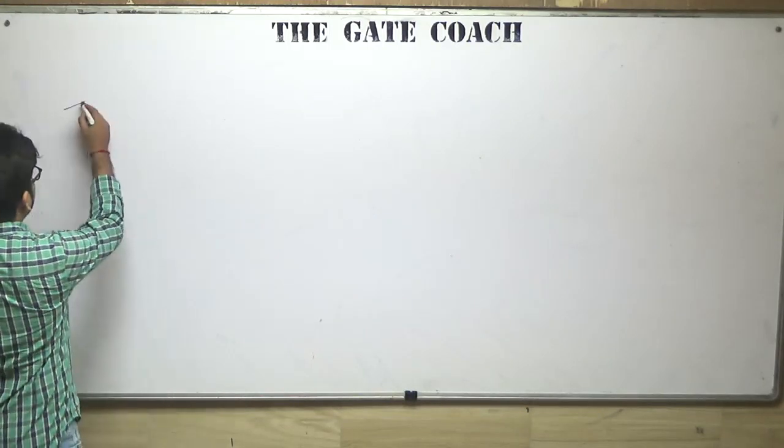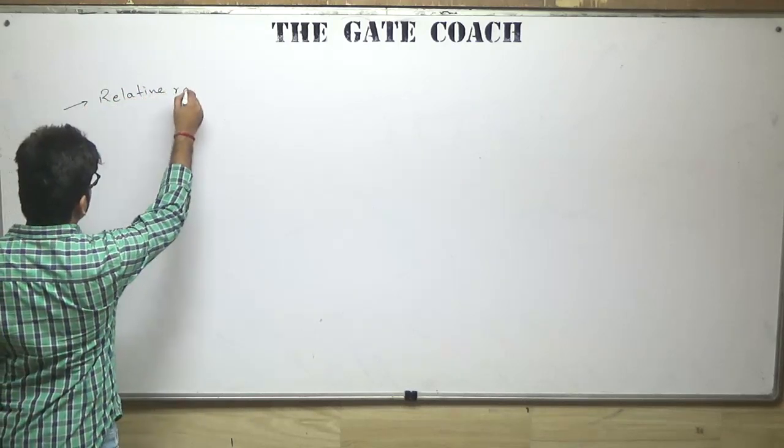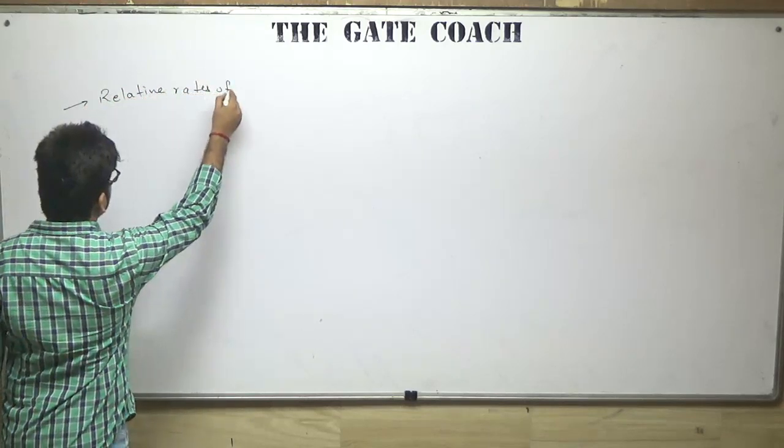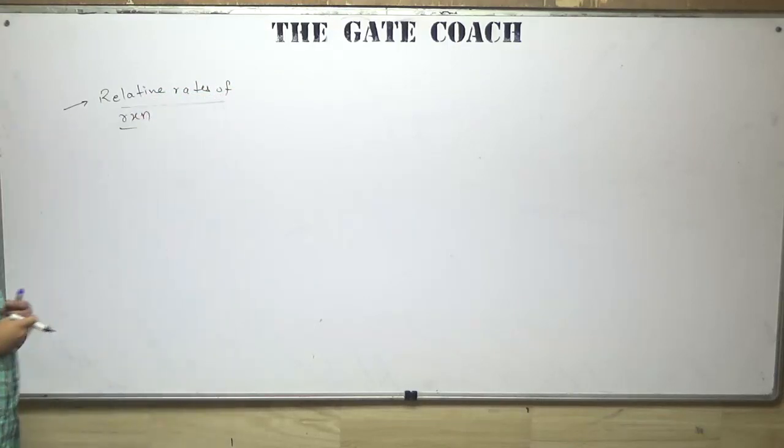So next point is relative rates of reaction. Remember this chemical reaction now, because we are going to use it everywhere in entire CRE, at the time of designing of reactors, and in solution thermodynamics as well.